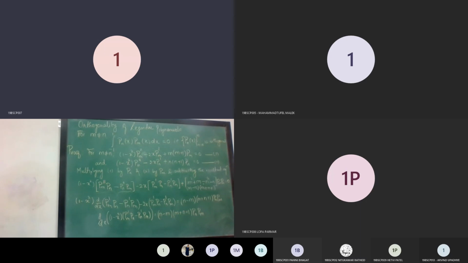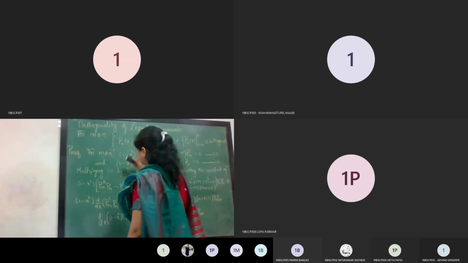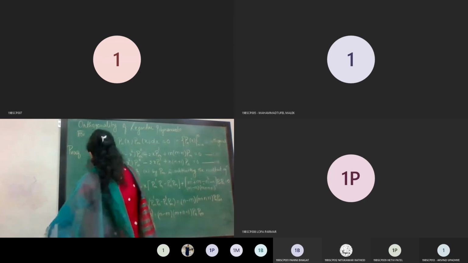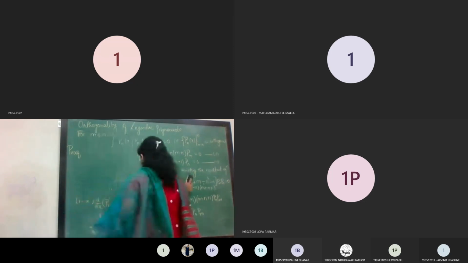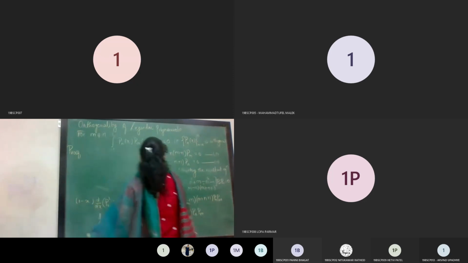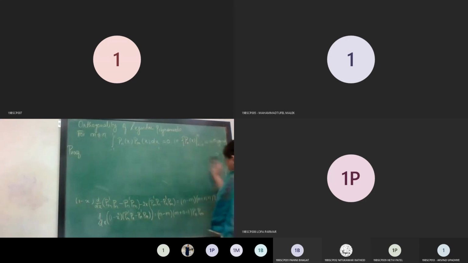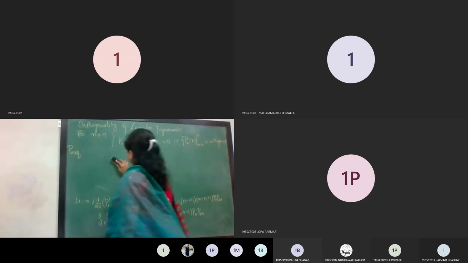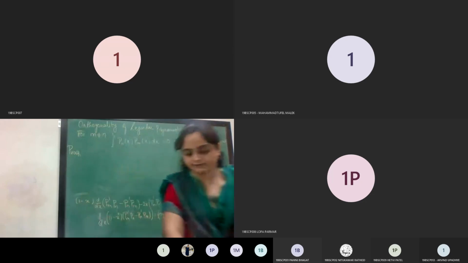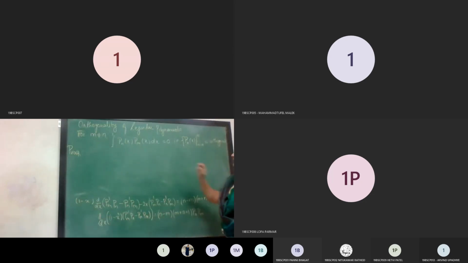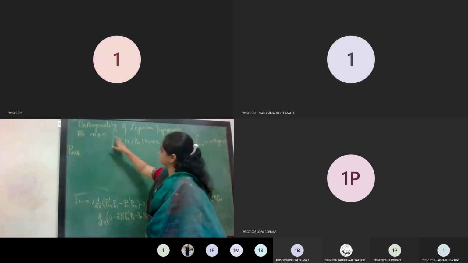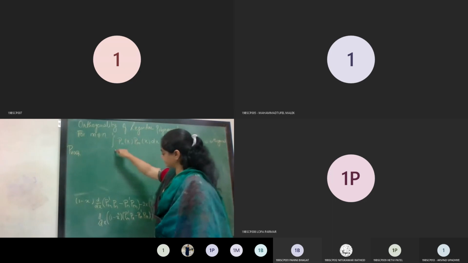Yes, ma'am. Okay, so now let us integrate both the sides. On the right hand side you can see we already have Pn Pm. Ultimately we are going to integrate this with respect to x from -1 to 1.